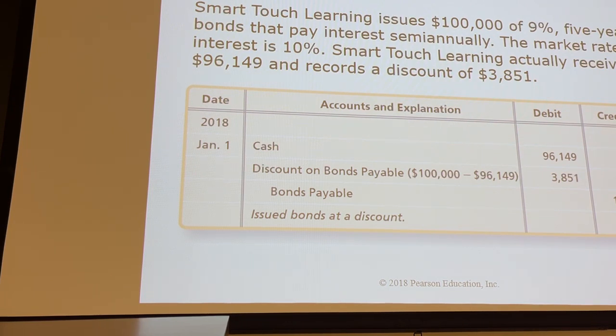And then the credit to bonds payable will still be for $100,000. We have to credit bonds payable for $100,000 because on the maturity date, the amount that we have to pay back to the investors is still $100,000, no matter what amount of cash it is that we got from the investors up front.